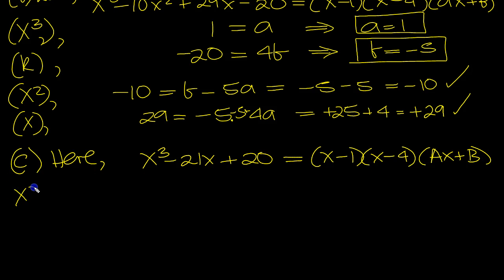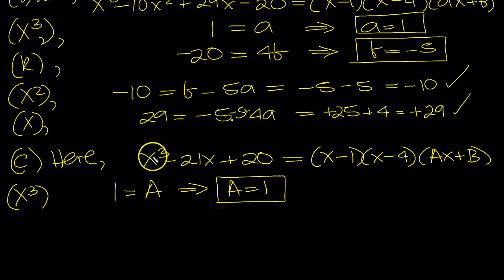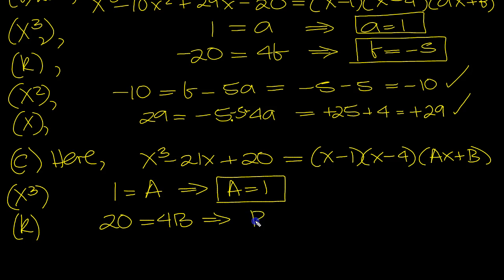So let's equate the x cubed. We know these are factors, so we can just write this down now. So we'll get A is equal to 1 with the x cubed. 1x cubed on this side, and the x cubed is A on that side. The constants, on this side it's 20. On this side it's only going to be the B times the 4. So B equals 5.